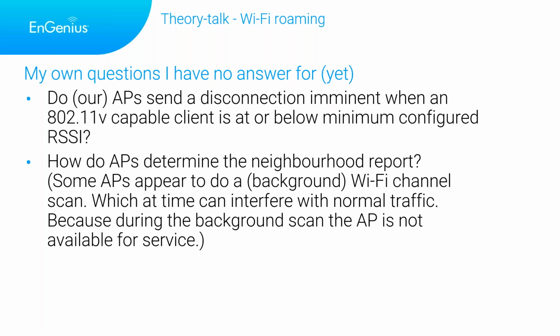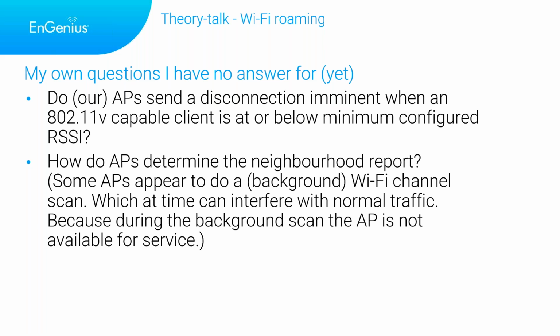The other thing is that it's not totally clear to me how APs determine neighborhood reports. I'm not sure if they just know from the local area network, so not wireless but fixed network, which APs there are and are just reporting those, or, and this is something that I have seen, APs appear to do a background Wi-Fi channel scan.